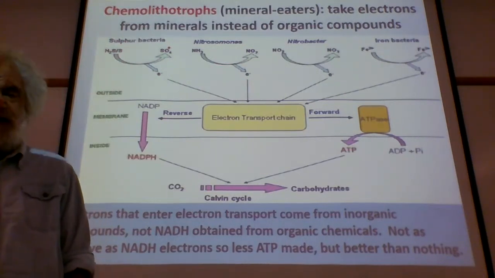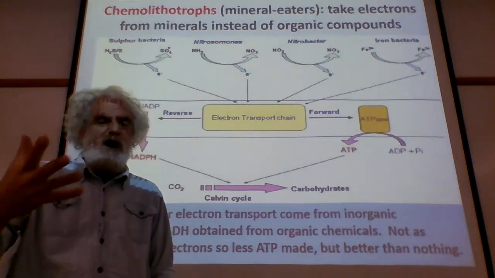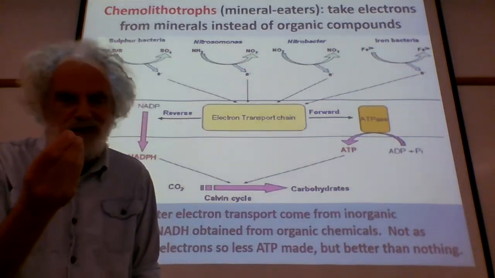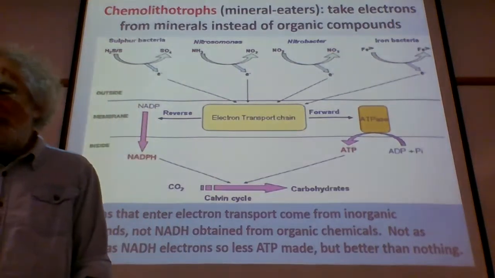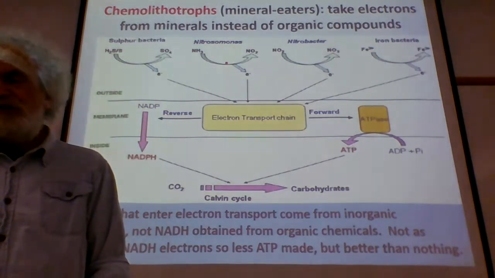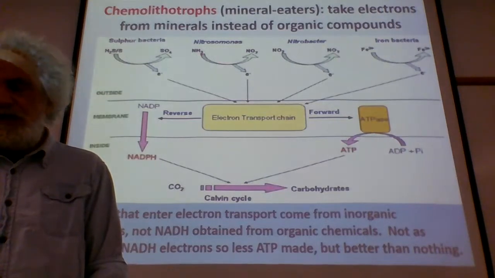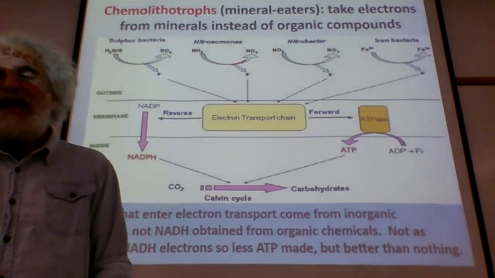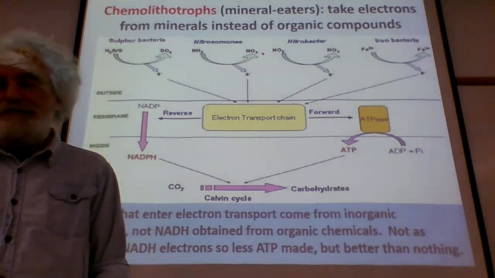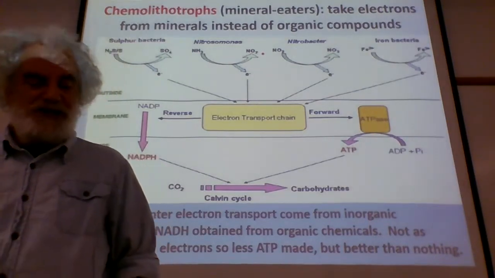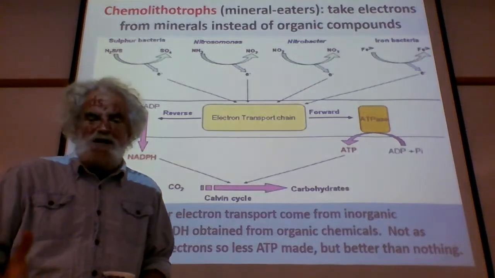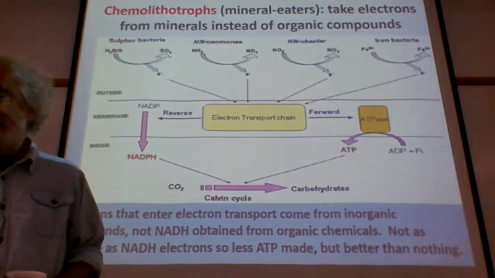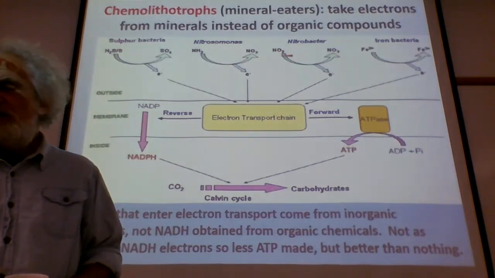Whereas we dump out water, they dump out elemental yellow sulfur, which would be pretty weird. We have nitrogen-fixing bacteria that are able to take ammonia and generate nitrate, a pretty important soil bacteria in the agriculture business because they're generating nitrate that can be used by plants. Nitrobacteria is using different forms of nitrate.